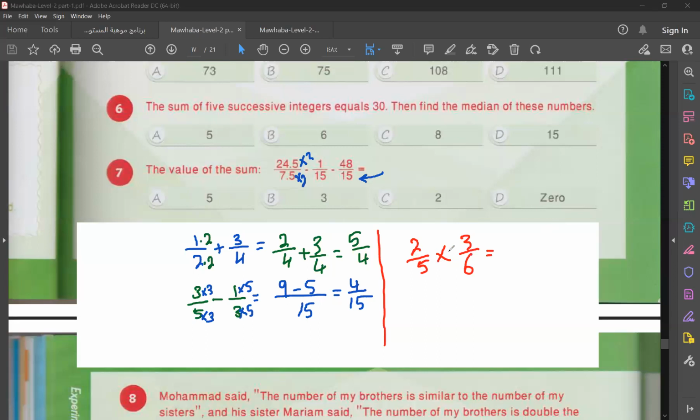You can multiply directly or simplify. When you simplify, divide by 2 here and here, equals 3 over 3, or cross out the 3 with the 3. Then 1 times 1 is 1, and 5 times 1 is 5. Or you multiply directly.